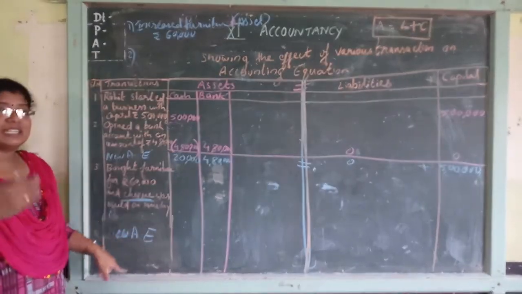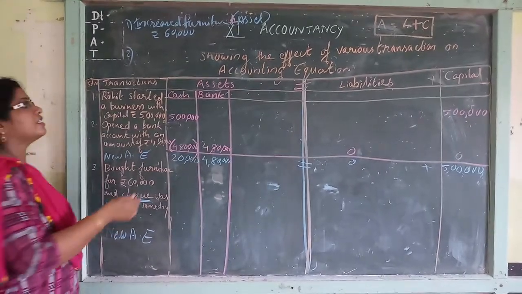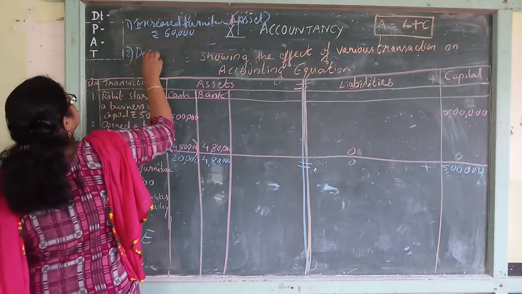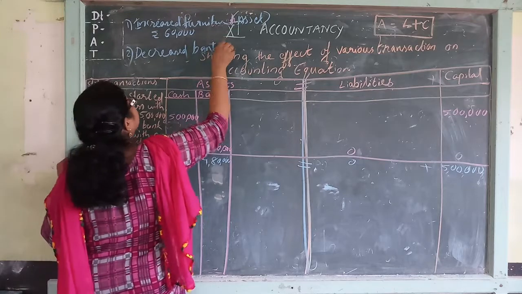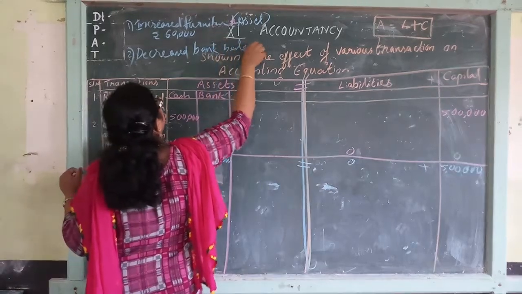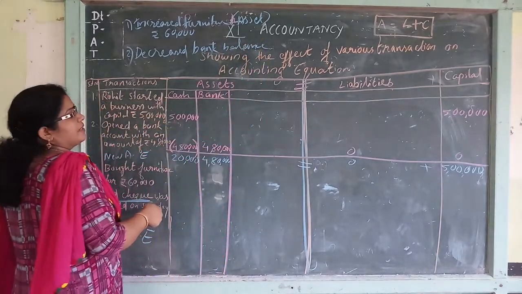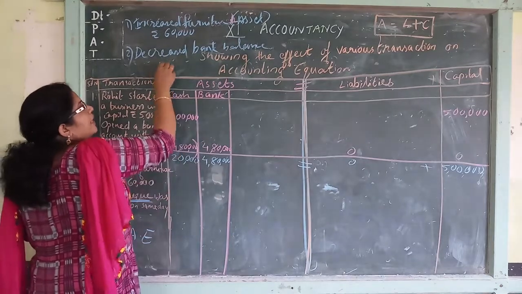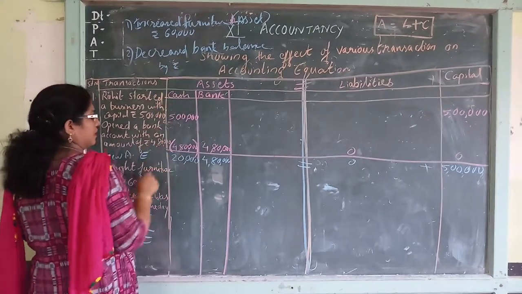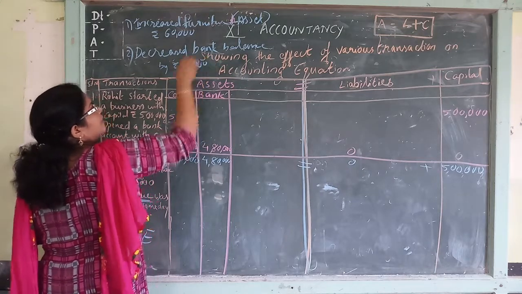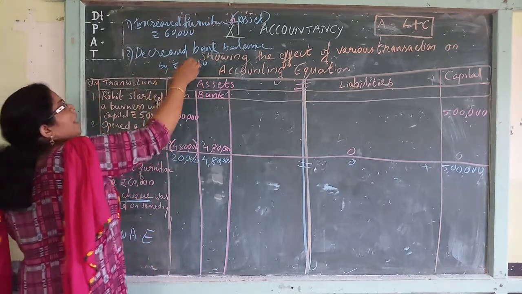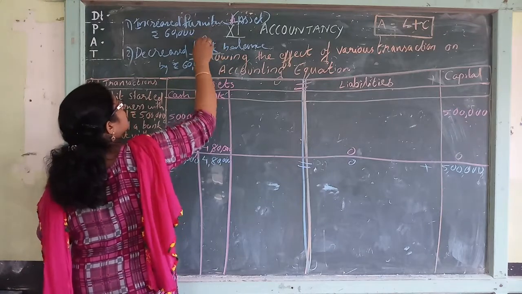So check issued means decreased bank balance, by rupees, what is the amount of the check? 60,000. But the bank balance is also our asset.